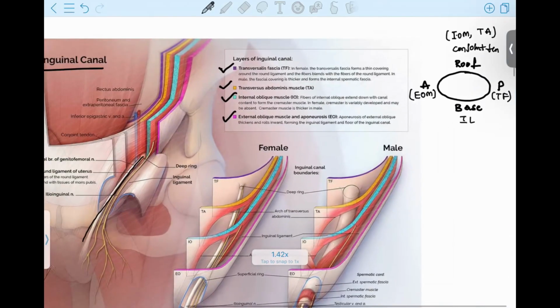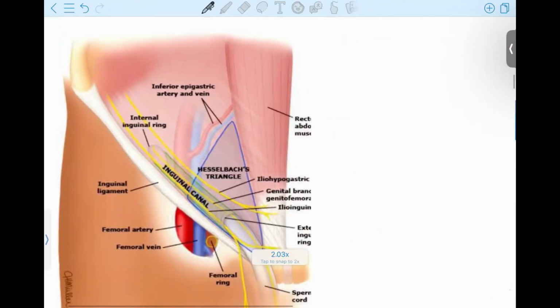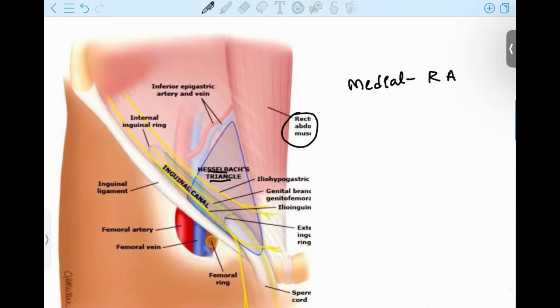So between here is where the contents pass and are transferred down toward the inguinal junction. Next, another triangle that is seen is Hesselbach's triangle, and its borders are also very, very important. In Hesselbach's triangle, the medial side is the rectus abdominis. Here you can see the rectus abdominis side.